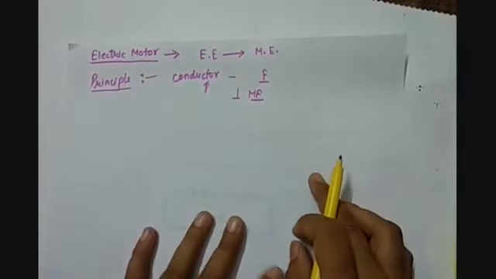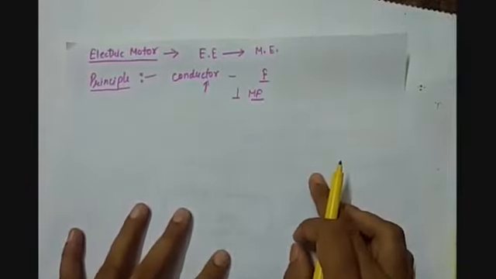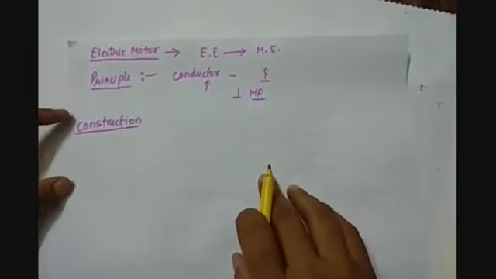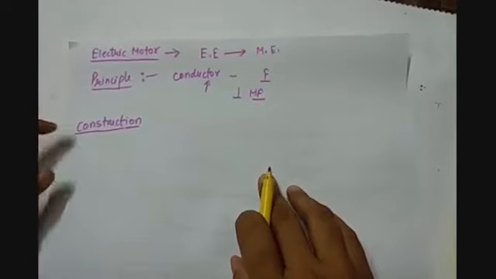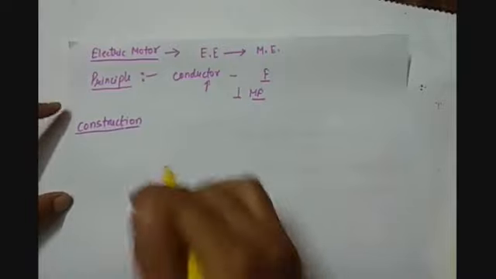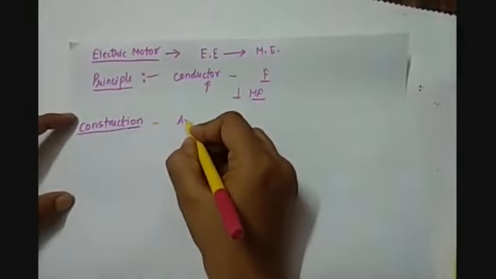Now let us know how to construct an electric motor. In the construction of electric motor, the first thing that we will require is the conductor which will rotate or move in the magnetic field. So that is the armature coil.